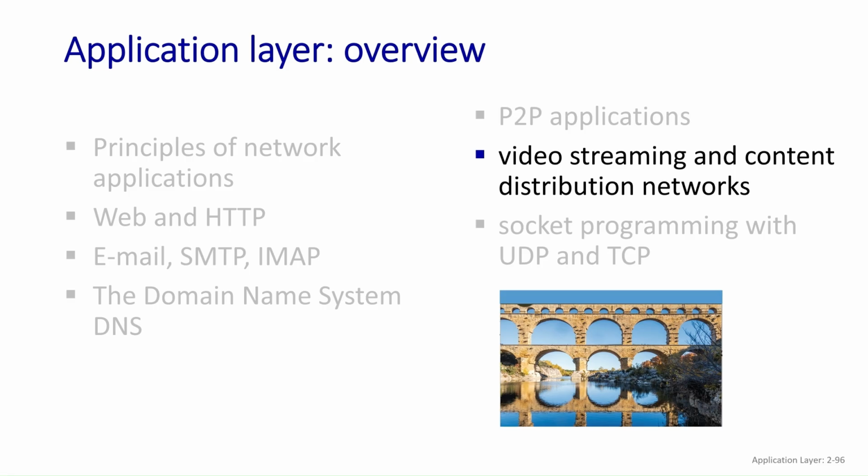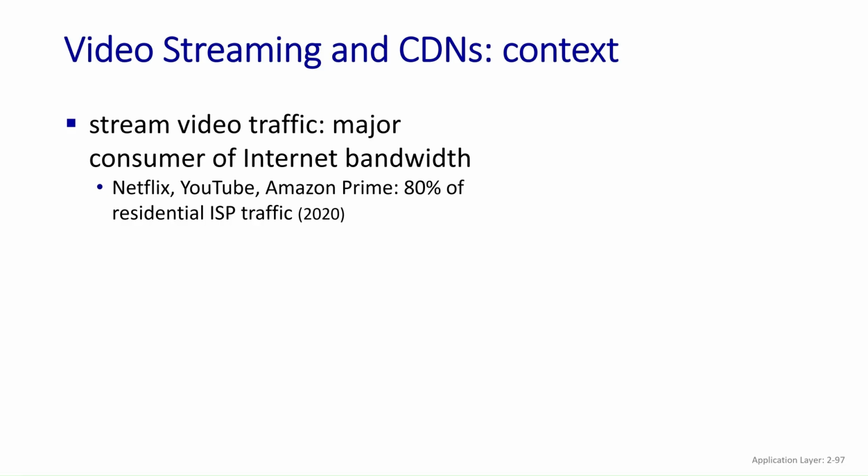Now we'll move to the next topic of discussion, which is video streaming, and here I will talk about content distribution networks as well. If we talk about video streaming applications such as Netflix, YouTube, Amazon Prime, and others, it is reported that at least 80% of residential consumer internet bandwidth is used by streaming video.